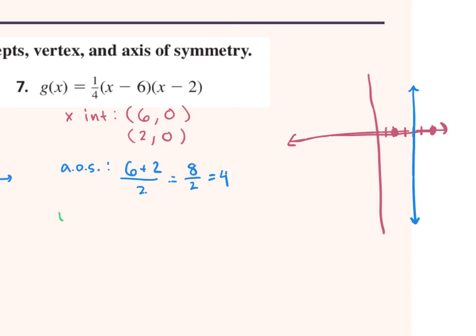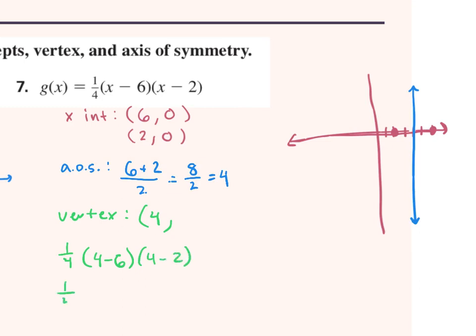Now our vertex. What's our first value in our vertex? 4. And how do we find our second value? Plug it in. So we have 1/4 times 4 minus 6 times 4 minus 2.